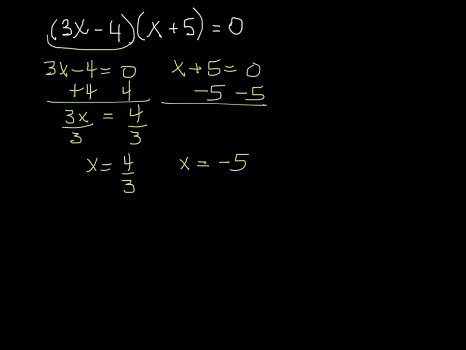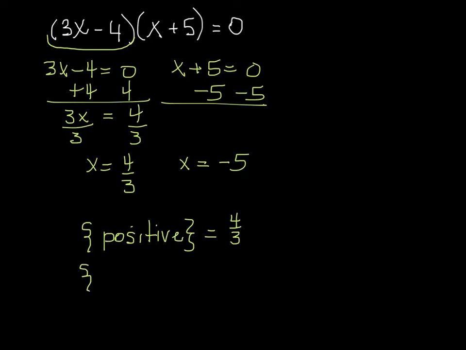Now, we are going to start being a little more specific, and if we said to solve this on positive numbers, then the only answer you would give is 4/3.